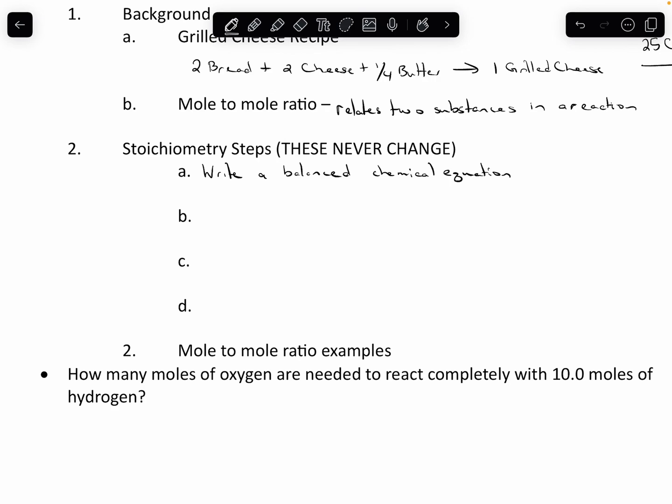Step 2, find moles. This is an if necessary step. Sometimes, like today, you will already be at moles, so you do not need to do that step. Step 3 is our mole to mole ratio. Just like we did up above, we used our balanced chemical equation.